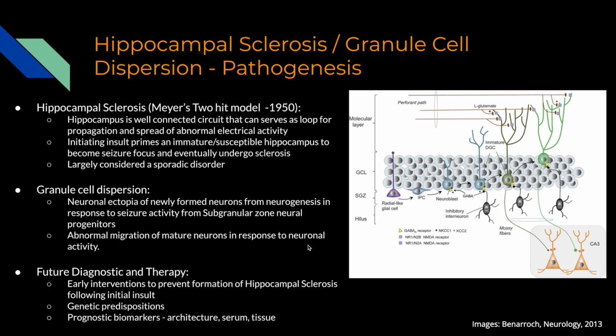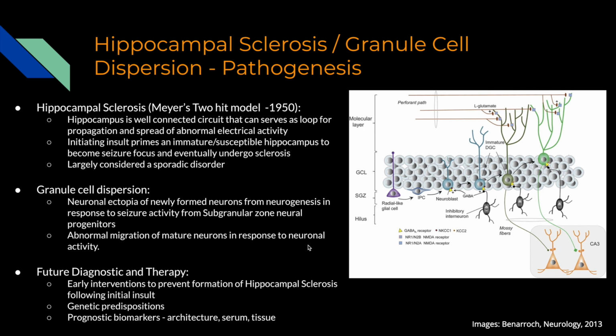So again, the pathogenesis, we've kind of gone over some of these. The hippocampus is a very well-connected circuit, as we saw, that can serve as loops for propagation and spread of abnormal electrical activity in this kind of circuit that we saw.